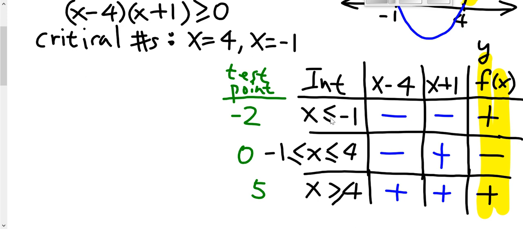So that means our answer is x is less than or equal to negative 1. And we have a second answer here: x is greater than or equal to 4. x is greater than or equal to 4 as our answers. Now, this is the algebraic part.